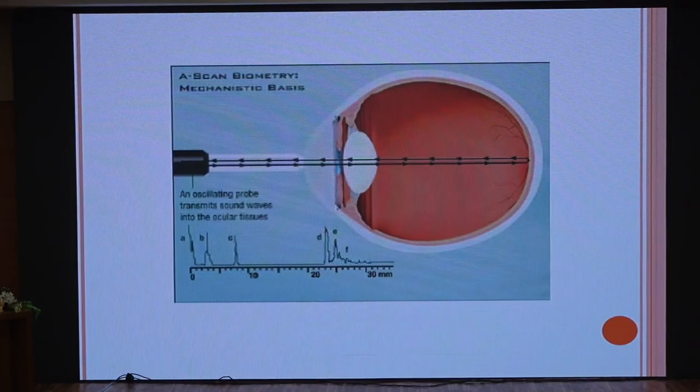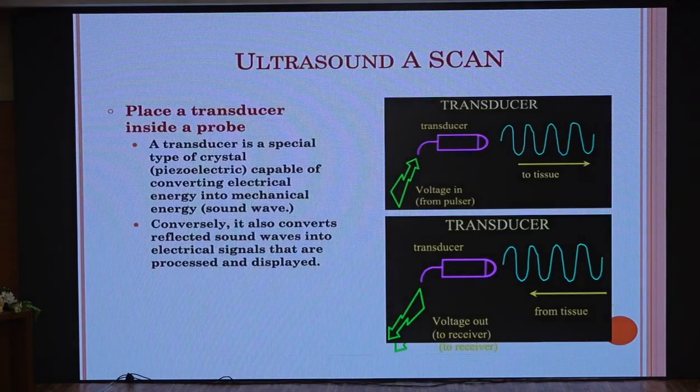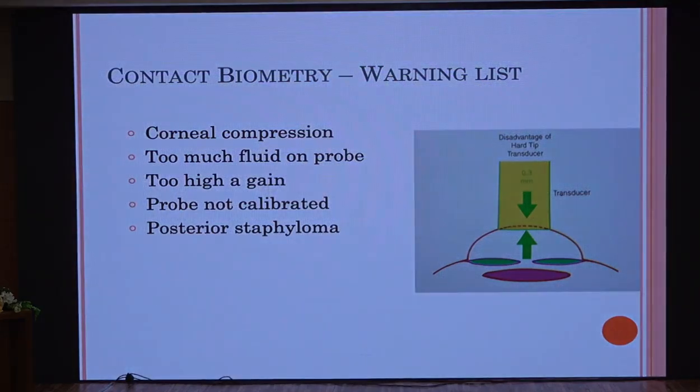The reason is that optical biometers are readily available, but there may be some situations where we still need to do ultrasonography. And in those cases, it is better not to use contact biometry, because contact biometry gives some error, it puts pressure on the cornea, and you get a shorter axial length and a higher power of the lens.